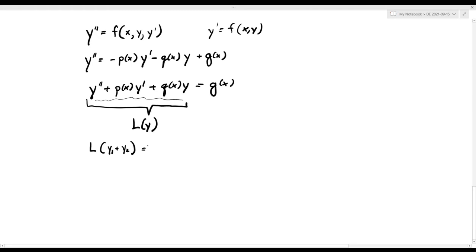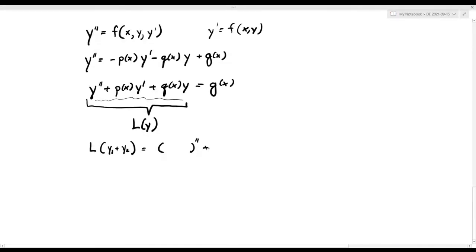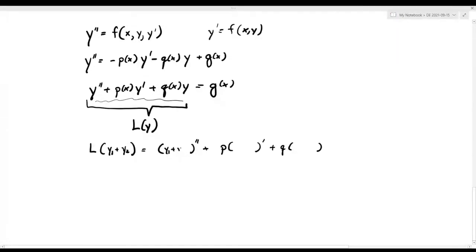So if you have two functions, y1 and y2, and you plug them in here, we know p is a function of the independent variable, so let's just simplify the notation. Here the argument is the sum of these two functions.